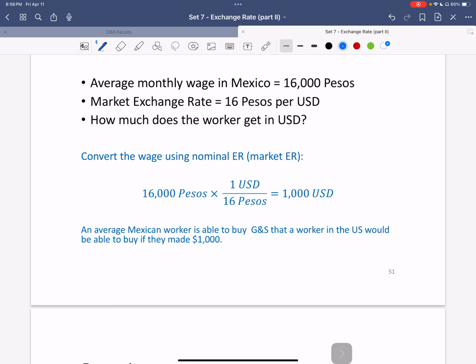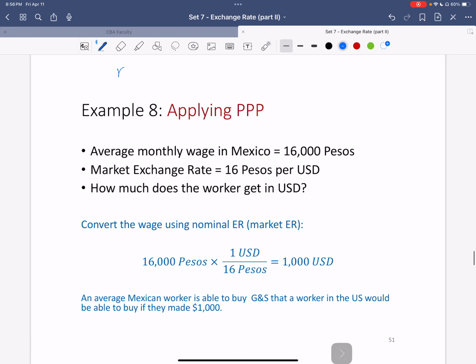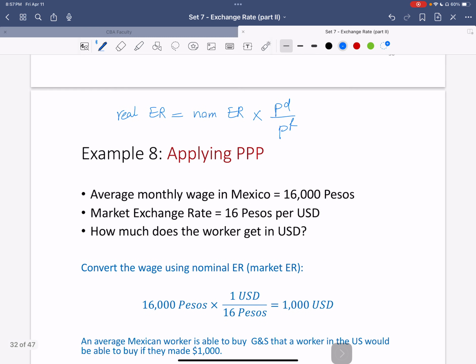We know that the real exchange rate is the nominal exchange rate times the price of domestic over the price of foreign, and here this is equal to 1.